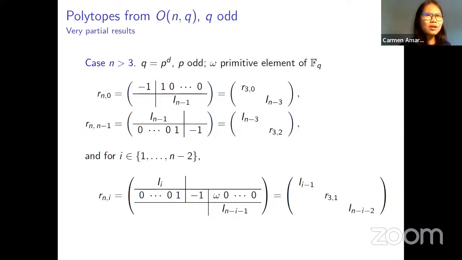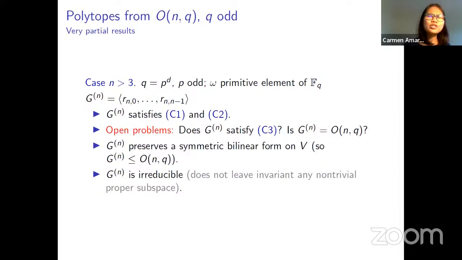Now, this is where our work stopped. Unfortunately, we were able to show that the group generated by these matrices satisfies conditions C1 and C2 of the definition of a string C group. Well, we are attempting this for the general case, so it is still an open problem.